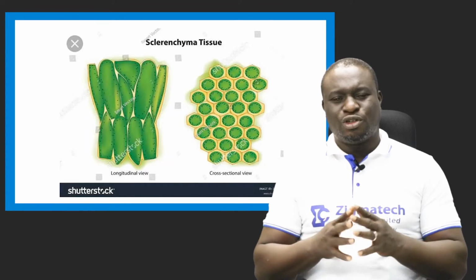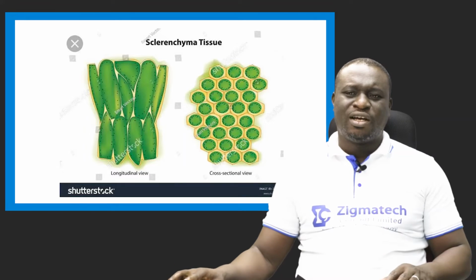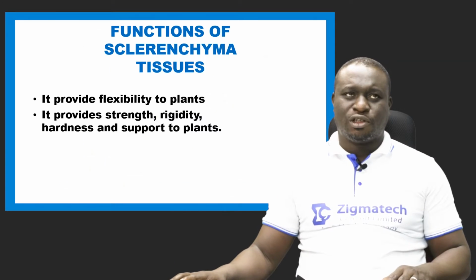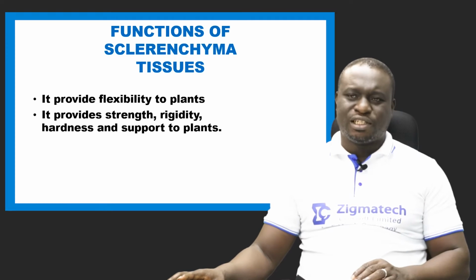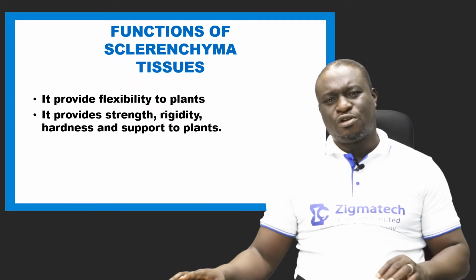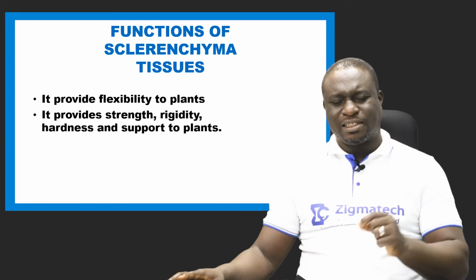We have the longitudinal section, that's how it looks, and then we have the cross-sectional view. Now, functions of sclerenchyma tissues. One of the functions, like we said before, is flexibility.